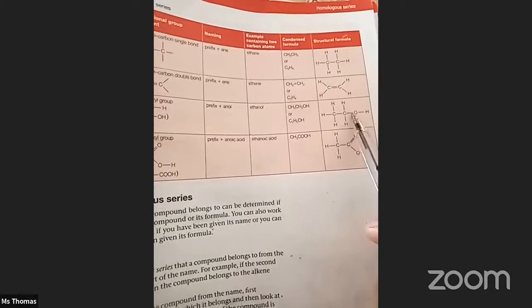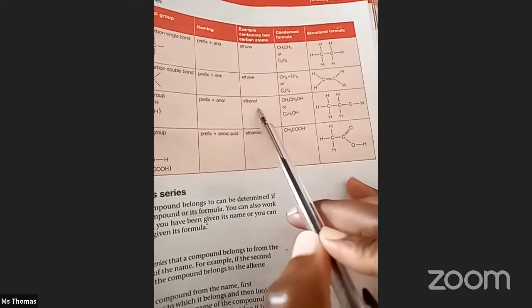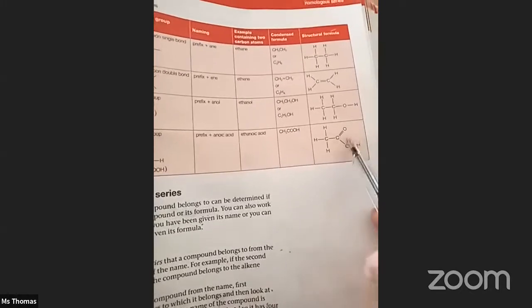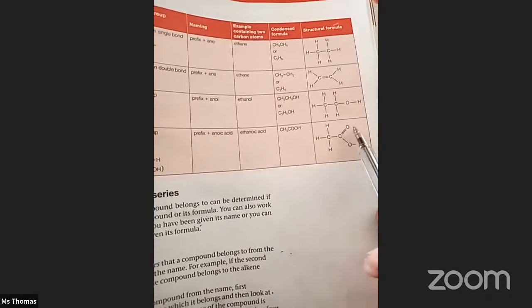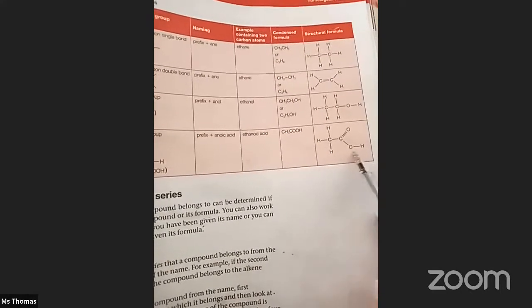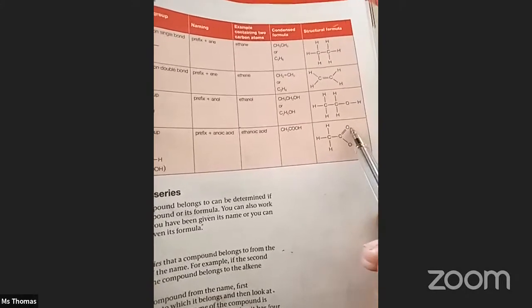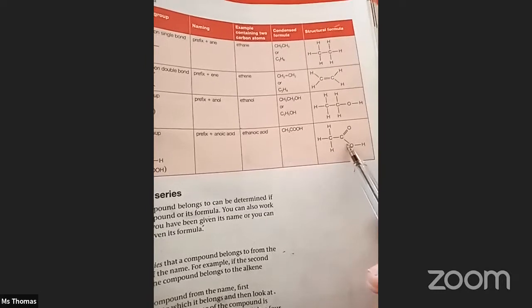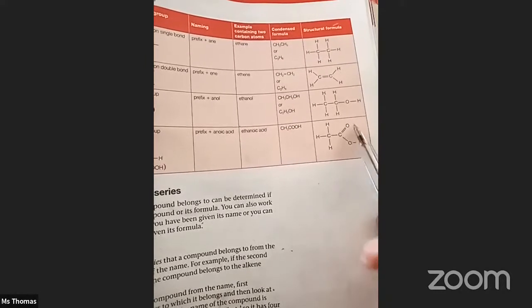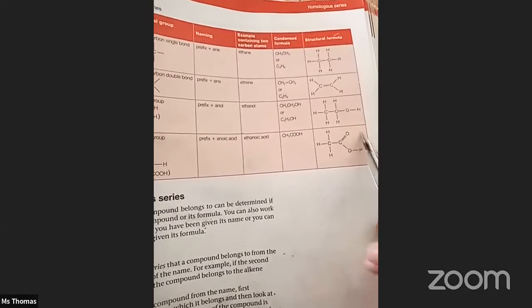All right. So the way the compound looks will tell you the name of the compound. Finally, this compound here has what is called the carboxylic group, which is a C double bond O, and the C is also attached to an OH. So it's COOH. This group here is what we call the carboxylic group.